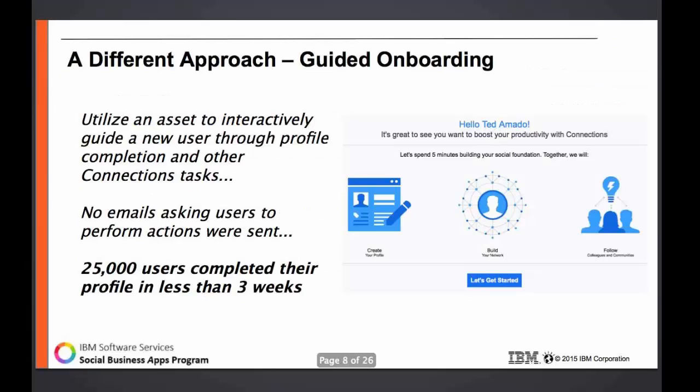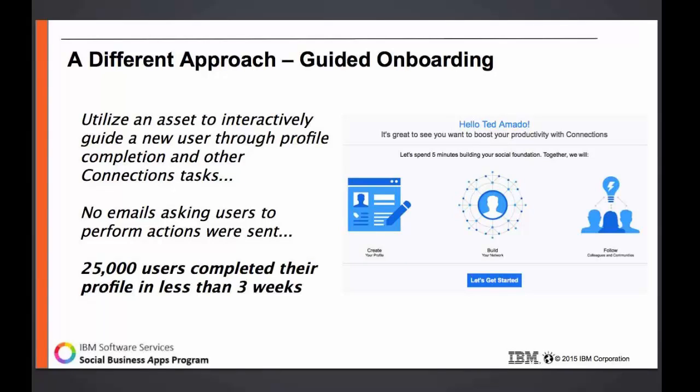So let's look at a different approach and take that adoption failure that I started with. Instead of just build it and see if they will come, one of our customers used a guided onboarding experience where new users were interviewed through a set of wizard-like screens. In this case, no emails asking users to perform an action were needed.